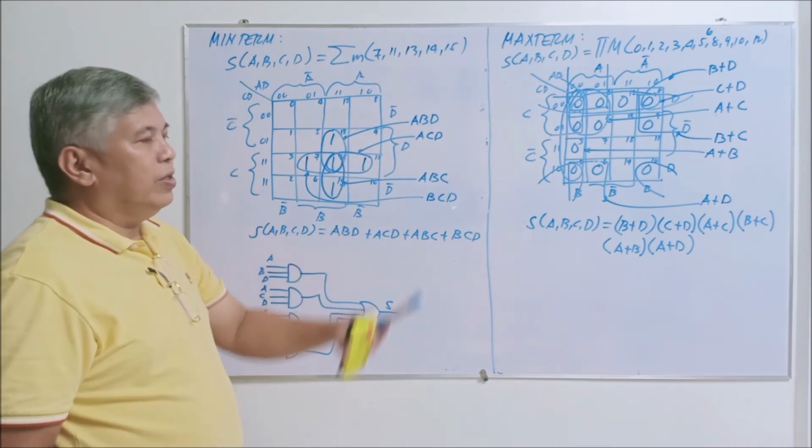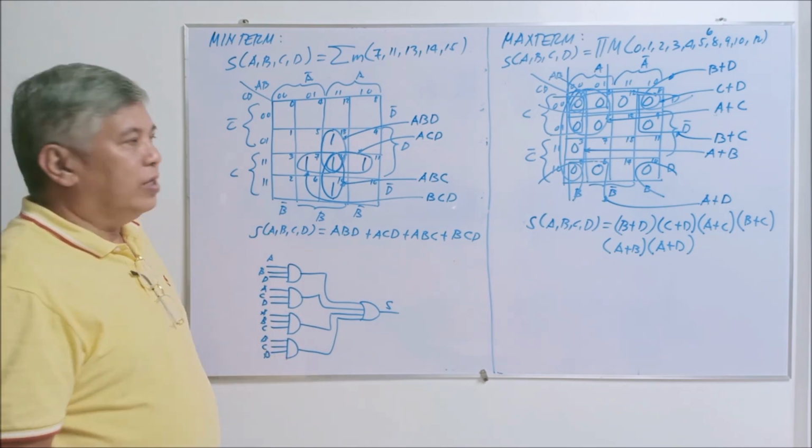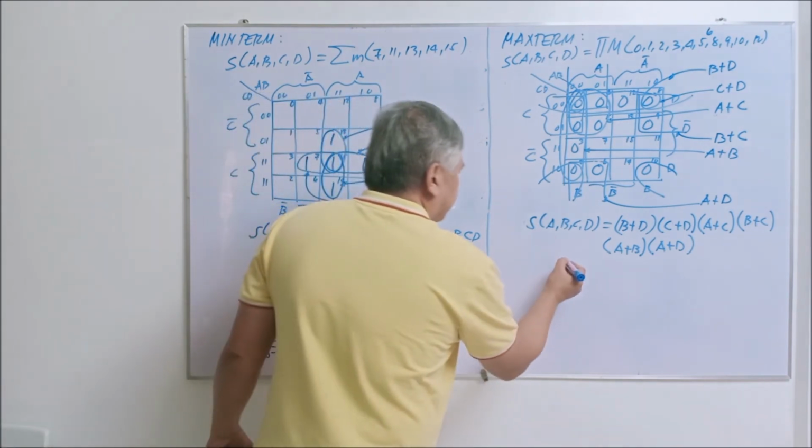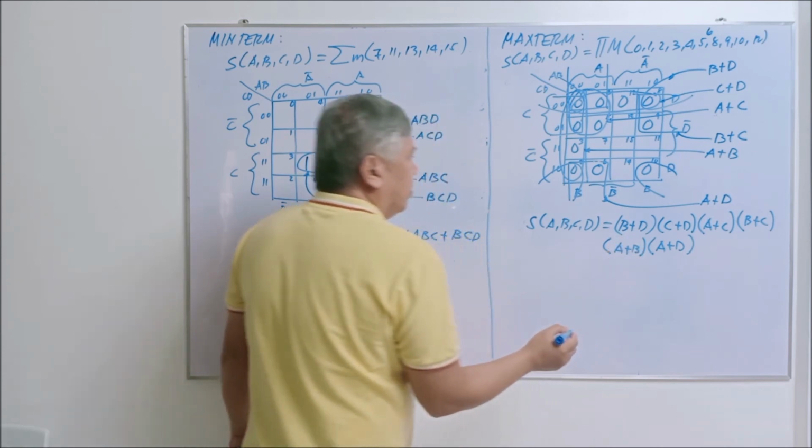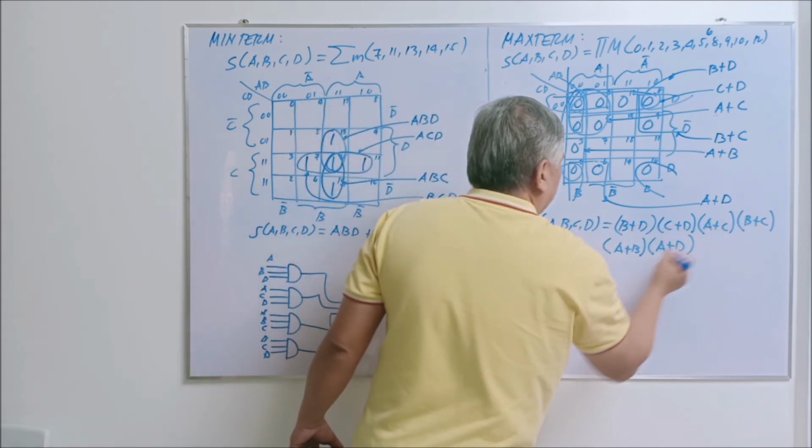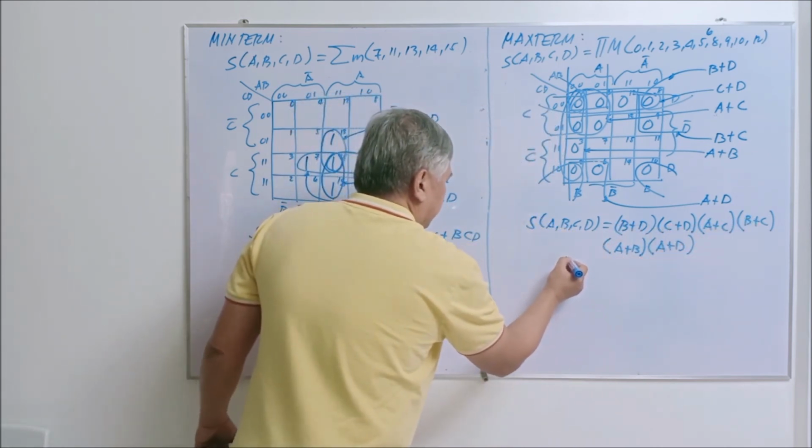Then we draw the simplified logical circuit equivalent. So how many OR gates? 1, 2, 3, 4, 5, 6. 6 OR gates.